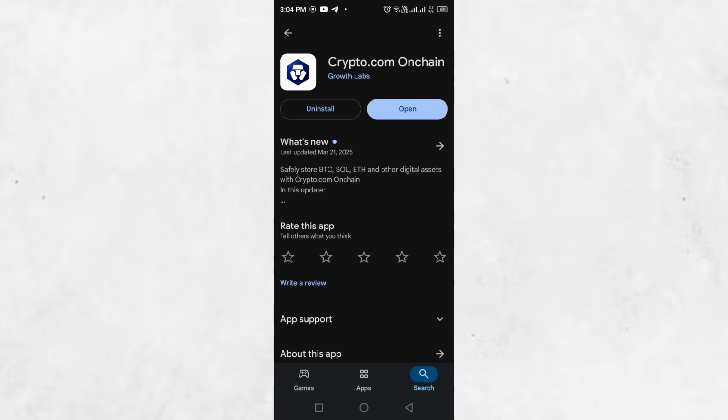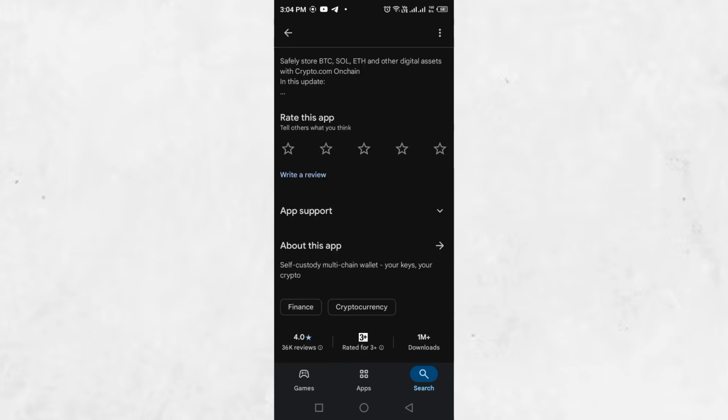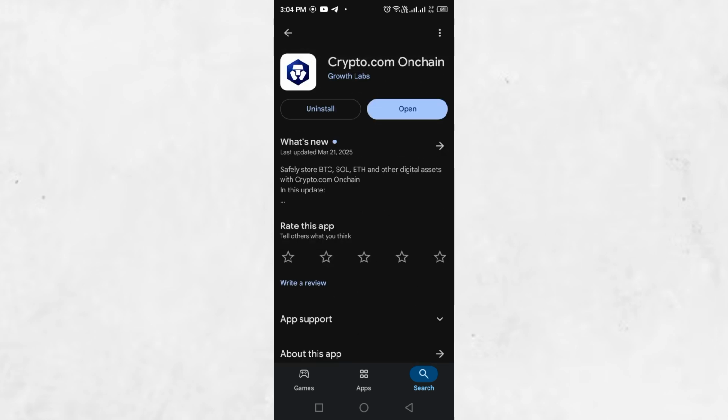Its powerful search and navigation functions make it easy to discover trending assets, find promising investment opportunities, and execute transactions with just a few taps. Whether you're a casual investor or a crypto enthusiast seeking advanced trading options, the Crypto.com app provides an all-in-one solution for navigating the ever-evolving world of digital assets.